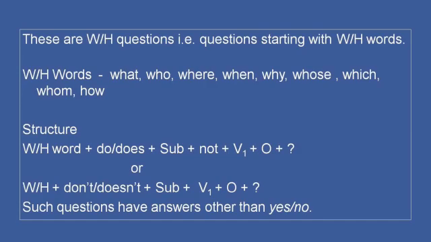Then first form of verb, then object, and then question mark. Or it may be W or H word, then don't or doesn't, then subject, then first form of verb, then object, and question mark at the end.